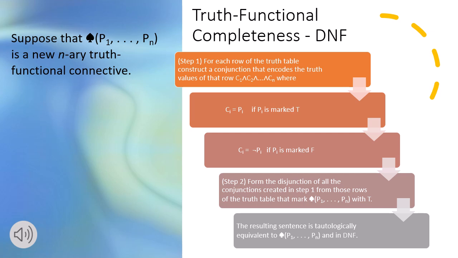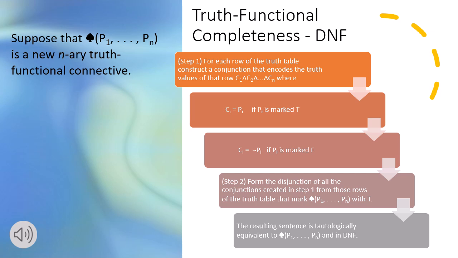From the way we constructed it, that's a disjunction of conjunctions of literals. It turns out that the sentence we get is tautologically equivalent to the truth table that we started with, and furthermore, it's in DNF format.